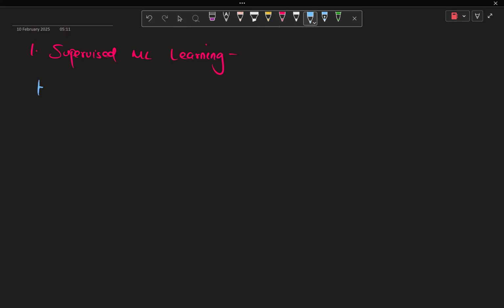So here we have both input and output variable. That is the first thing. Here you will be having both input and output variable or column.